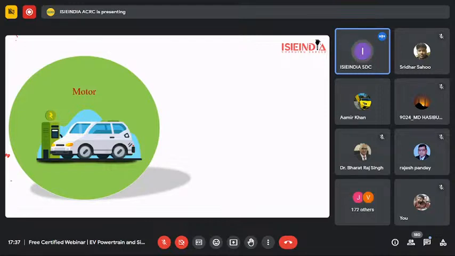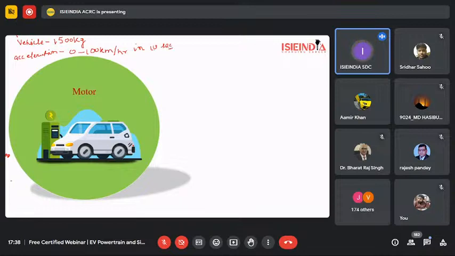So I am taking a vehicle of mass 1500 kilogram, and let's suppose the acceleration will be 0 to 100 kilometer per hour in 10 seconds.